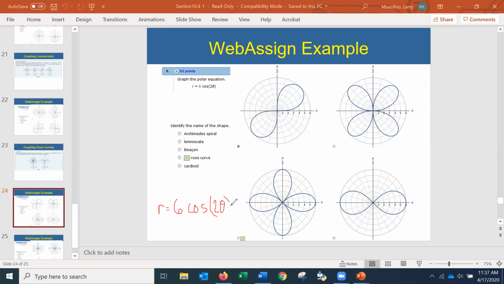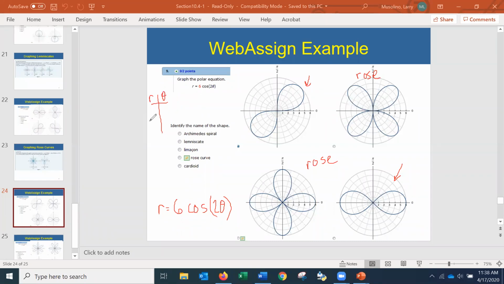Okay. And I can see the choices they're giving me, by the way. They're showing me either a lemniscate here, or a lemniscate here, or a rose petal here, or a rose petal here. Okay. Now remember, I could figure this out myself by making up an r theta table if I wanted to.